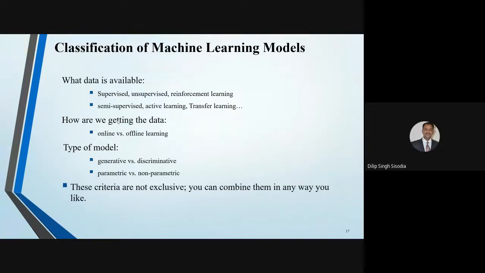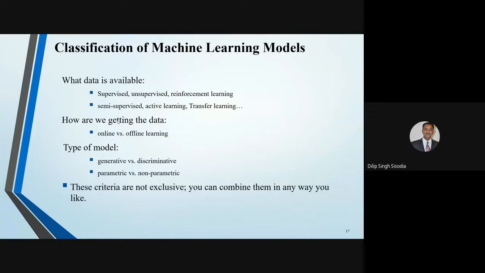So how will these 100 samples be used? Whether we present one sample, one instance to the algorithm and the algorithm will process it, or we present 10 samples at a time. So in online learning, one sample is presented at a time and the algorithm will process it.